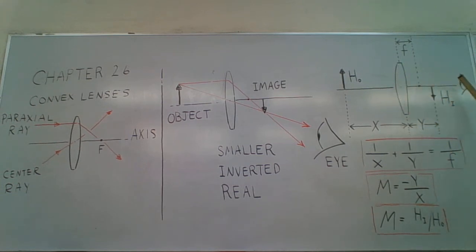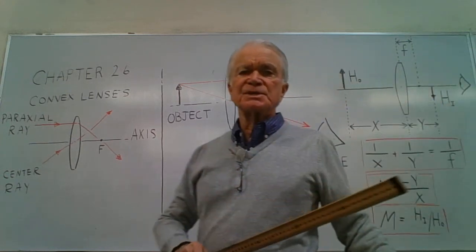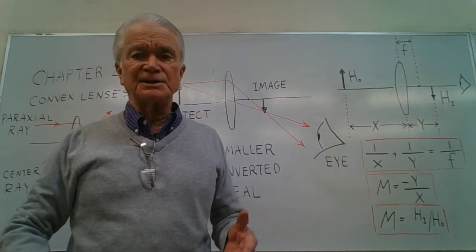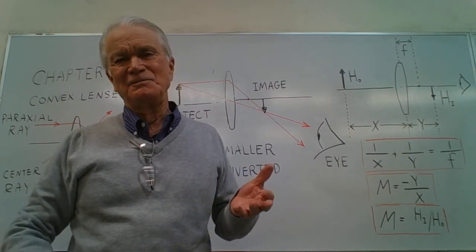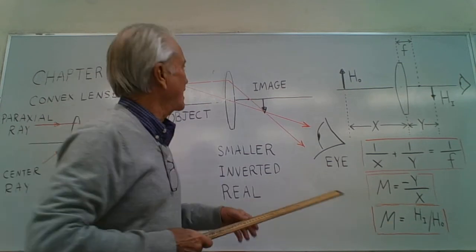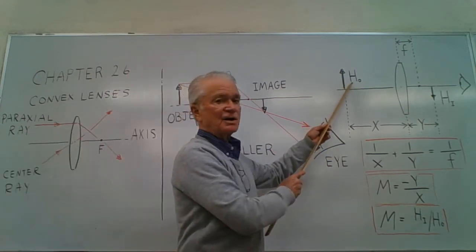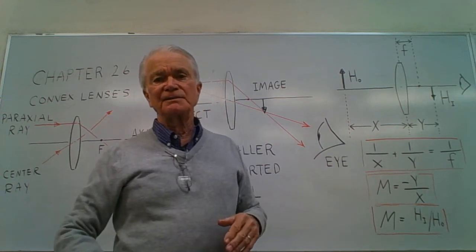There's your lens, there's the observer's eye, and there is the object arrow. I indicate the height of the object, H subscript O, and I show the image here. Its height is H subscript I. Know this, that images that are upside down will have heights, so-called, that are, well, they're negative. Object heights in all of our treatments are always positive.